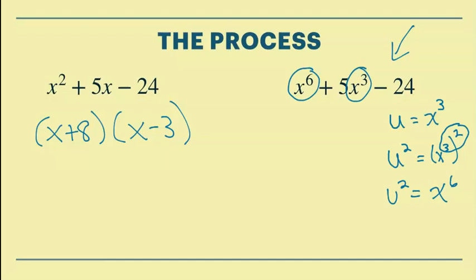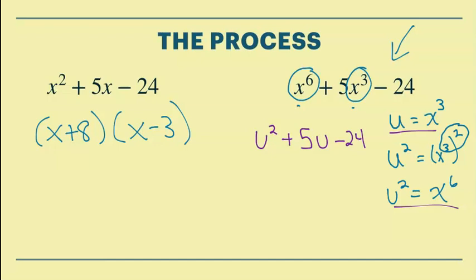Well, that's great because I have an x cubed in my problem and I have an x to the 6th in my problem. So I'm going to take these substitutions, go back to my problem, and instead of x to the 6th, I'm going to call that U squared, because U squared and x to the 6th are the same thing. And then instead of x cubed, I'm going to call that U, because U and x cubed are the same thing. And then minus 24.